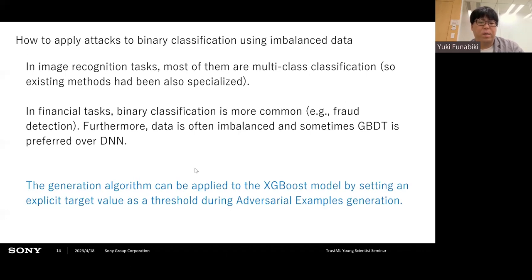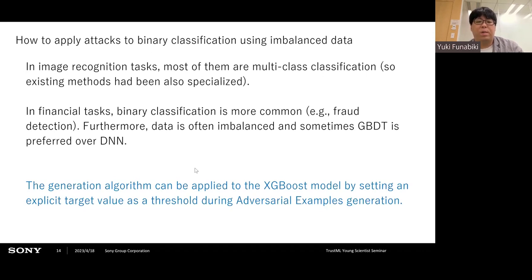Additionally, sometimes gradient boosted decision trees are preferred over deep neural networks. In adversarial examples, many researchers select deep neural networks or convolutional neural networks, sometimes graph neural networks, but in a real use case, you can look at Kaggle, a machine learning competition. Some competitors use gradient boosted decision trees like XGBoost, LightGBM, or CatBoost.